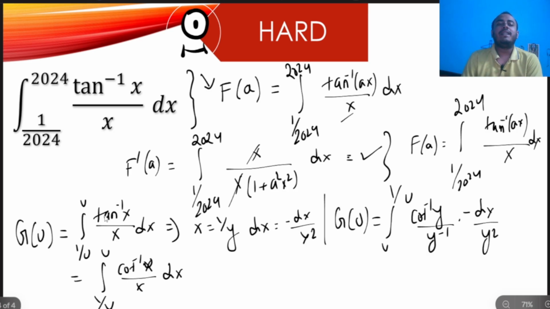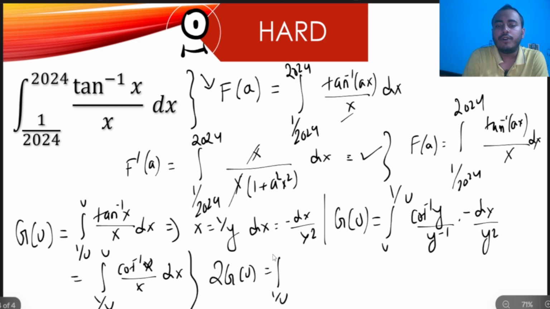Now, these are the two representations of g of u. If we add these two representations, we get 2 times g of u equals the integral from 1/u to u of tan inverse x plus cot inverse x by x dx.